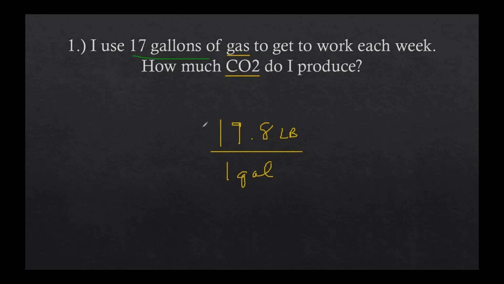And I know that I'm using 17 gallons. So I put 17 gallons on the top because, just like before, your labels are going to have to cancel out numerator to denominator. So if the gallons cancel out on the top and the bottom, I can just multiply. So what is 17 times 19.8?